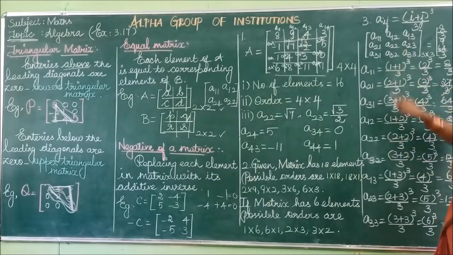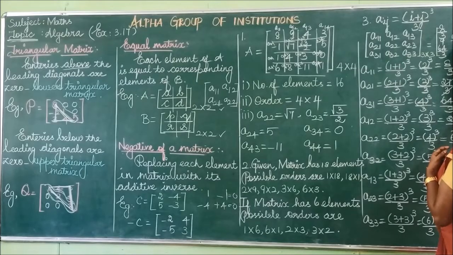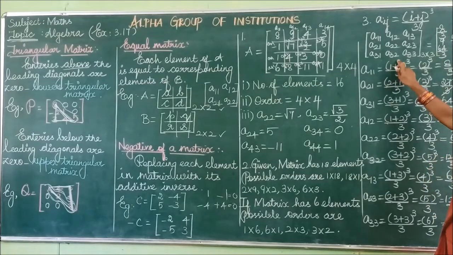Next A12. What is A12? A12 is 9. Next A22. A22 is 64 by 3. Then A32. What is our A32? 125 by 3.